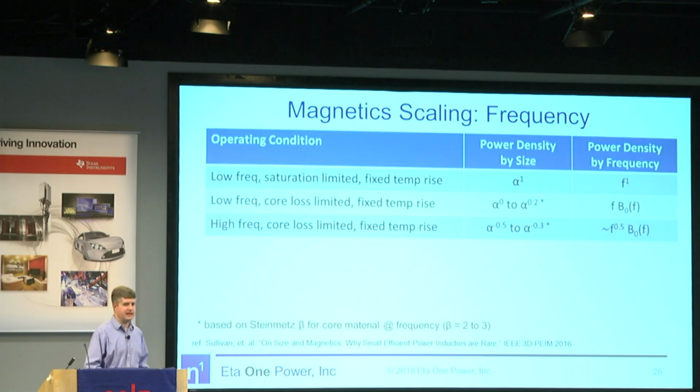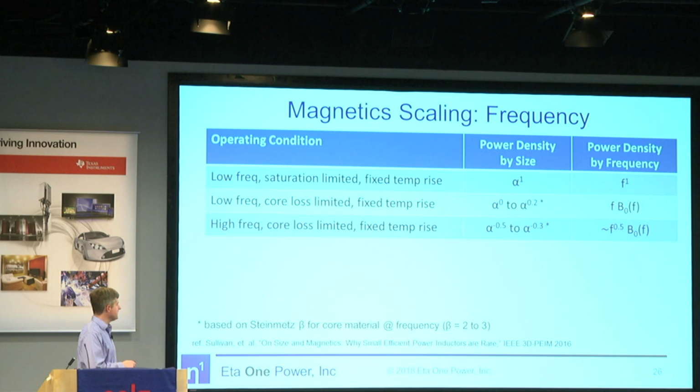Let's look at a few more cases. We just talked about the top case. So power density increases linearly with size, and also linearly with frequency. But not everybody's saturation limited. Actually, that's a rare case for inductors or for very low frequency designs.